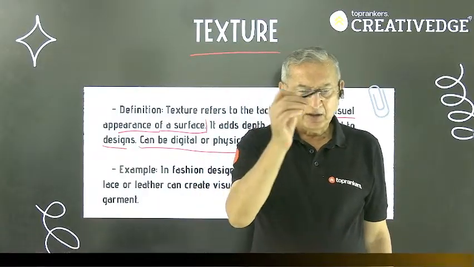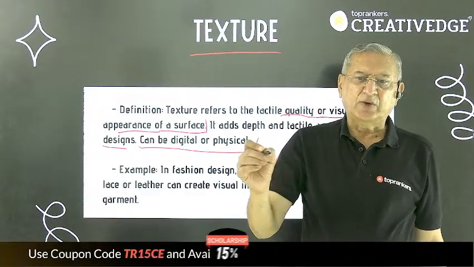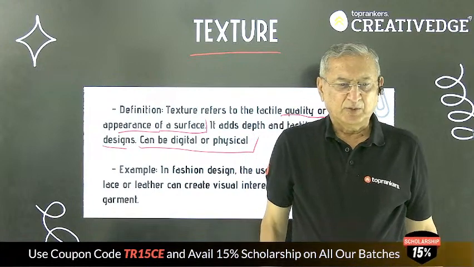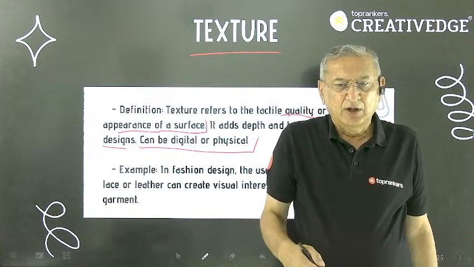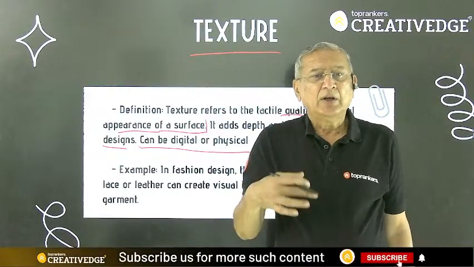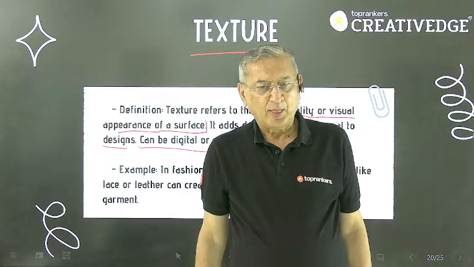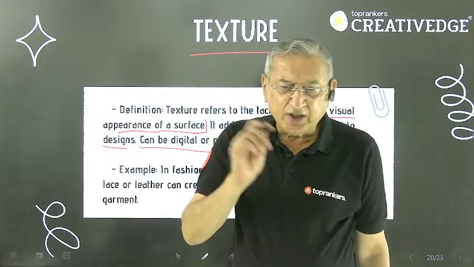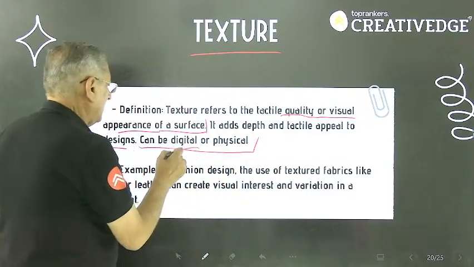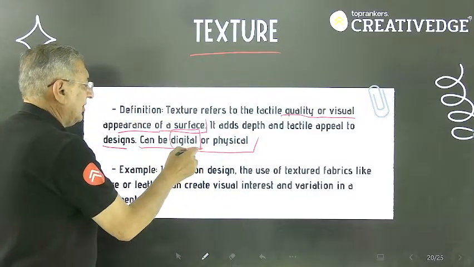Those are lines which are not tactile, they are graphics only. But it gives us a look of marble, or a look of wood, maybe a look of iron sheet. So non-tactile or digital texture.